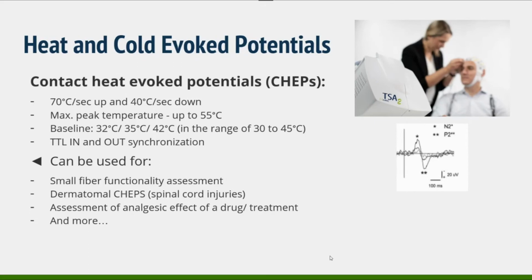And you can do this with our CHEPS accessory. You can use 70 degrees per second up and 40 degrees per second down. You can go to very high temperatures up to 55 degrees. You can use different baselines. We know from the literature that some protocols ask for 32 degrees baseline, some ask for 35 degrees baseline, some even for 42.